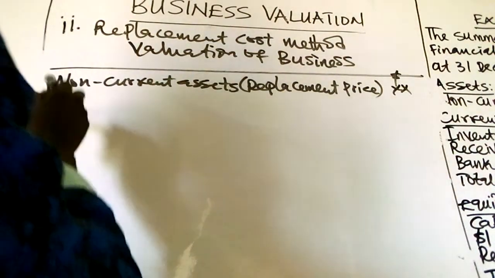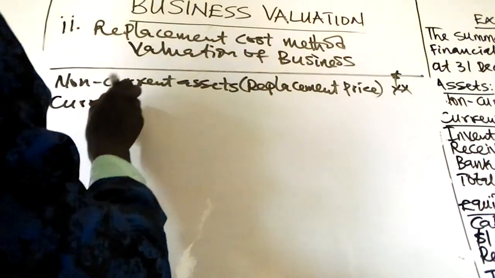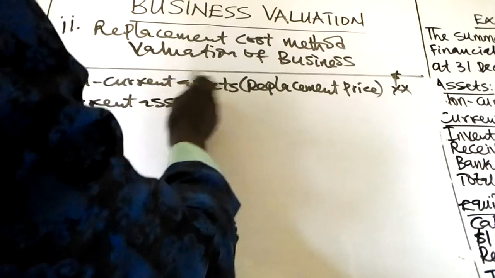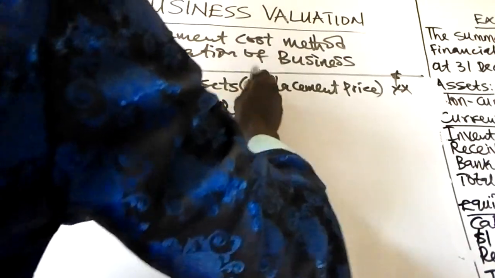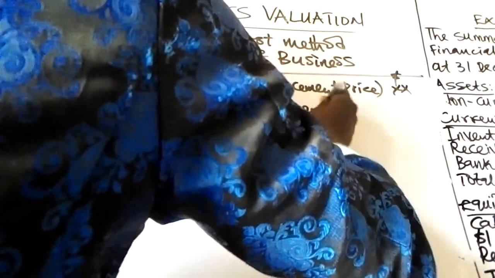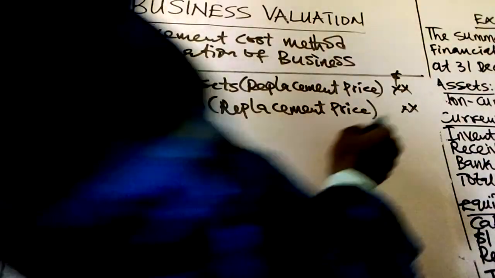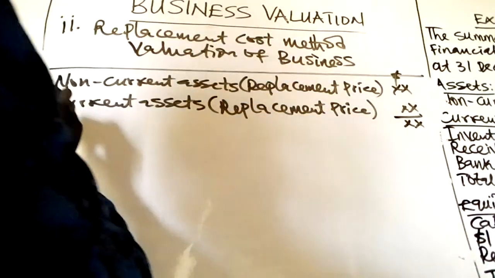Then we also have current assets at their replacement price. When you sum it up, you have the total assets.